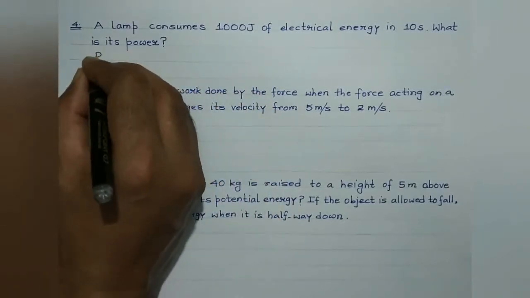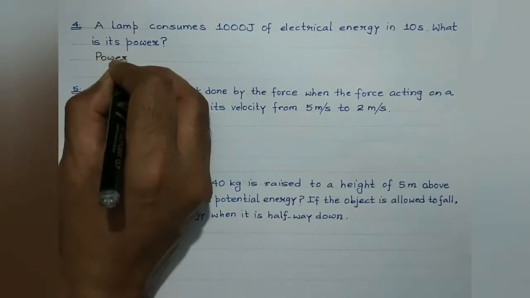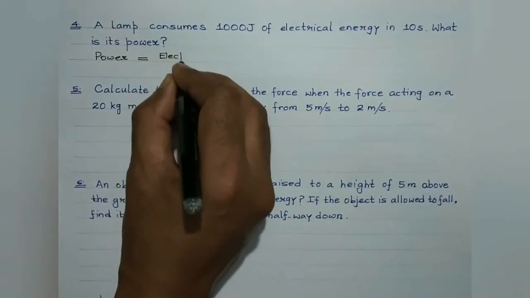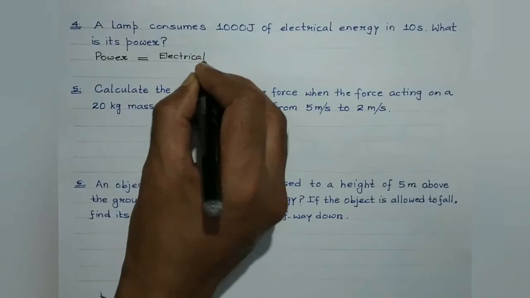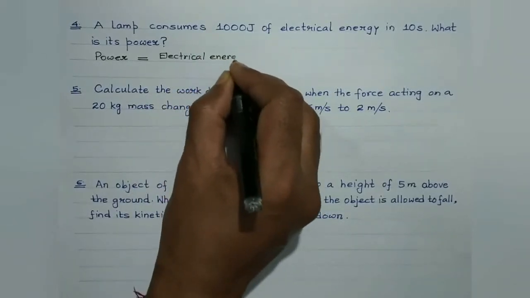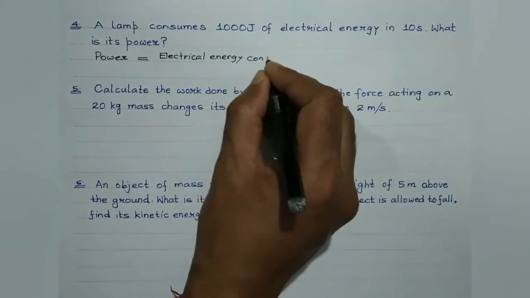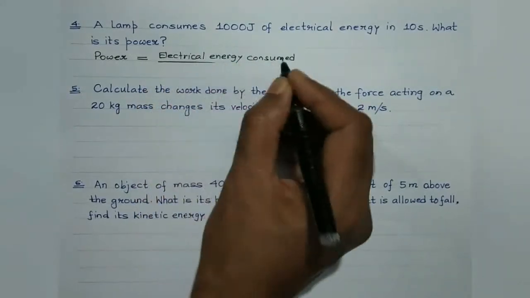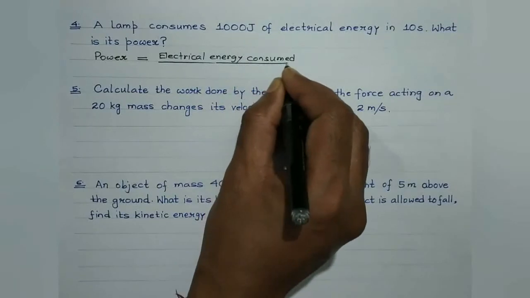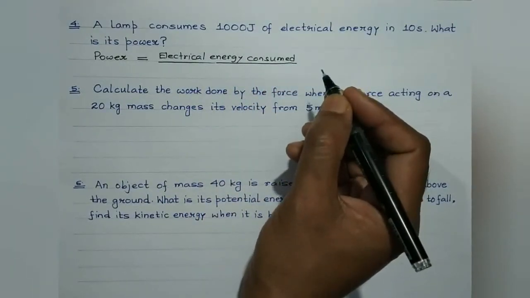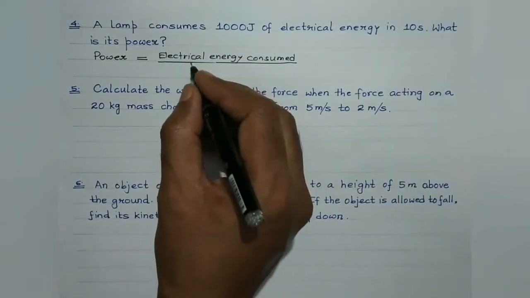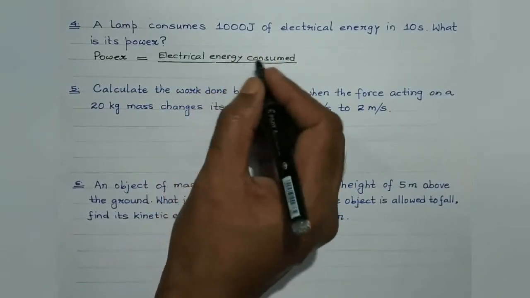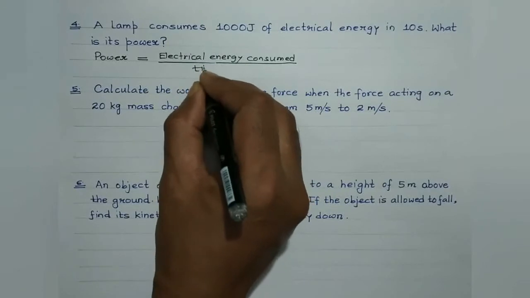That is, power of a device is given by the electrical energy consumed or work done per unit time. In case of an electric device, power is the rate at which electrical energy is consumed. So electrical energy consumed divided by time.